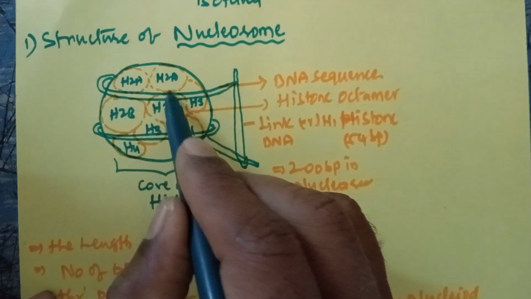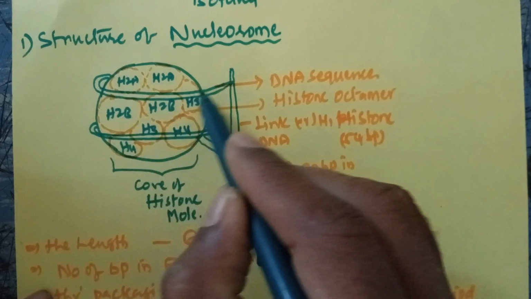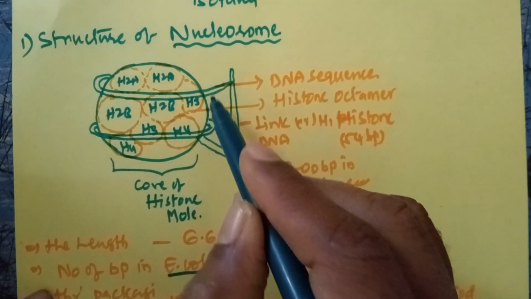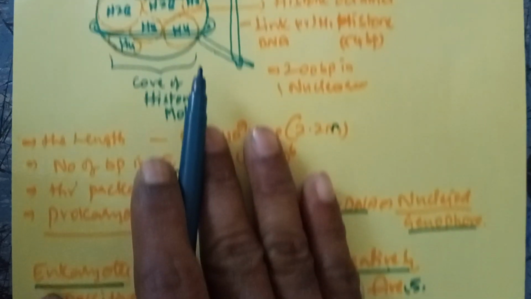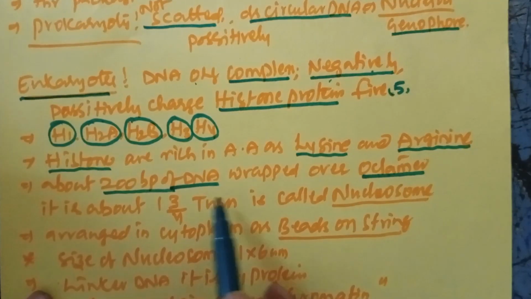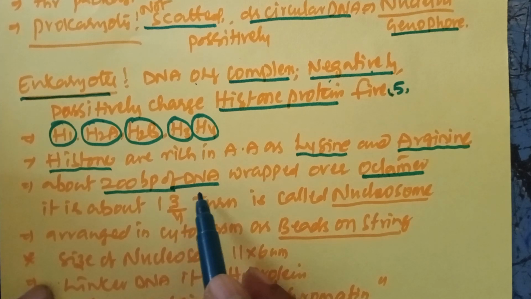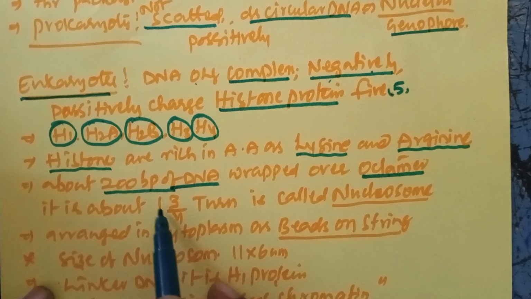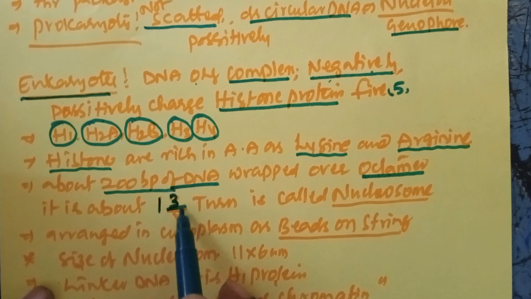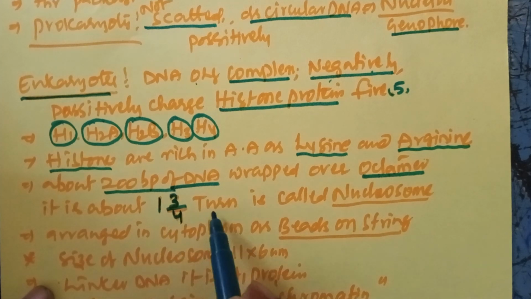So this histone octamer is wrapped by DNA, this DNA contains near about 200 nitrogen base pairs, and the DNA sequence wrapped around the histone octamer is about 1 3/4 turns.